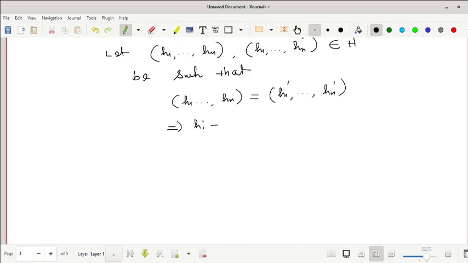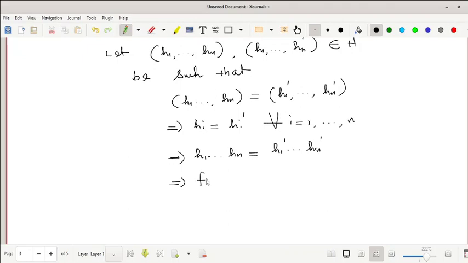So hi must be equal to hi prime for every i from 1 to n. If this is true, then definitely h1 h2 hn is equal to h1 prime h2 prime hn prime. But what is h1 h2 hn?